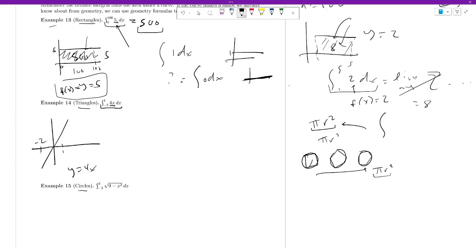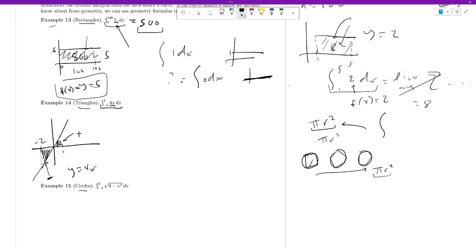Okay. What does this area under the curve thing mean? Well, remember, it's the area between the curve and the x-axis. So it's here, this area, plus this area. When I say plus, actually we're going to count this part as negative, and we're going to count this part as positive. Okay, but what are these shapes?